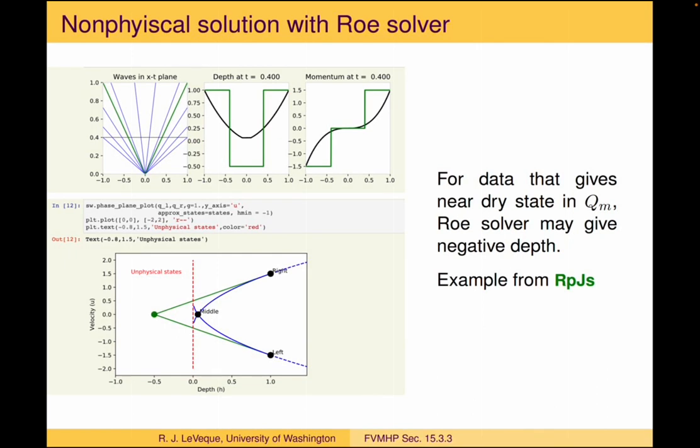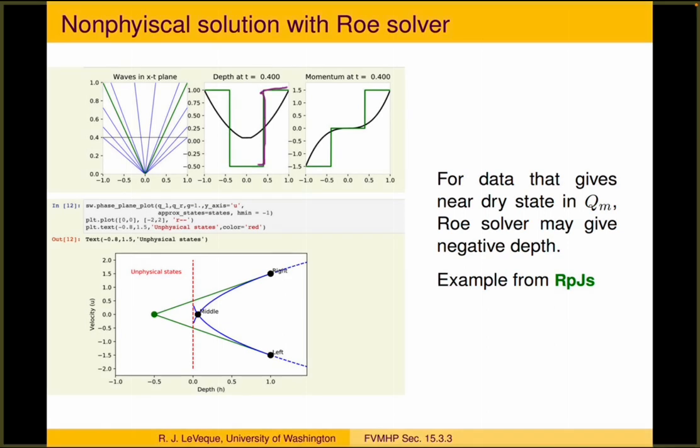And you can see what the problem is here, that the wave speeds that have been chosen by the Roe solver are too small. And so when we computed this Roe solution, it has to be conservative, so it has to have the same total mass as the true solution, the black curve. But because these waves are moving much too slowly here, in order to get the right integral, it had to have a much lower value here than what the true solution has.